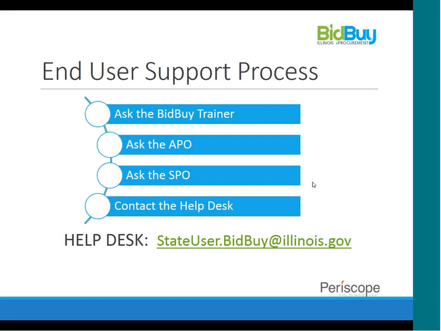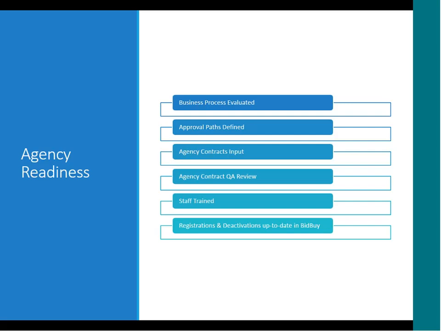So the trainer, the APO, the SPO, when contacting the state user help desk, please make sure that you're copying everyone. And oftentimes, if you're copying, especially your trainer, your APO, or your SPO, you can get a quicker answer because one of those other people may very well have the answer you're looking for before you reach our desk.